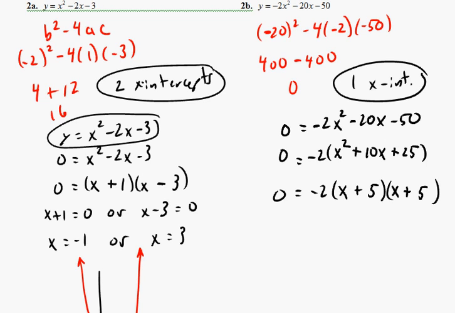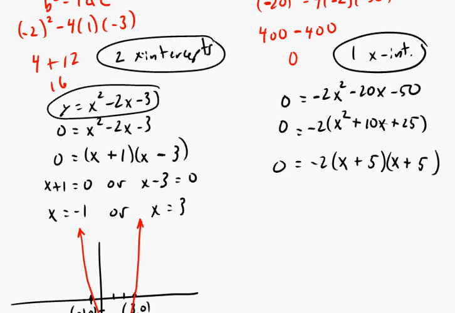Let's just make sure that this multiplies to give us x squared plus 10x plus 25. X times x is x squared. We get a 5x from the outside terms and a 5x from the inside terms. 5x plus 5x would add up to 10x. And 5 times 5 is 25. So, we can see that since these two factors are the same, only x plus 5 can equal 0, which means x equals -5 is our one and only x-intercept.